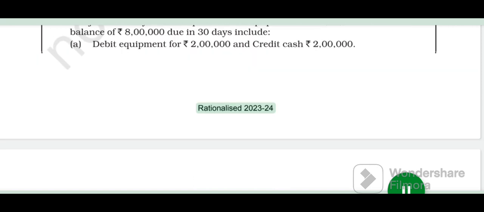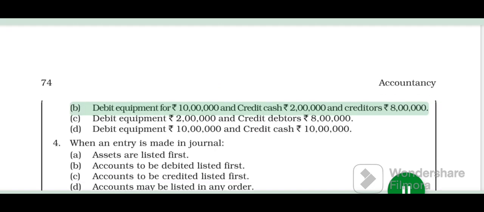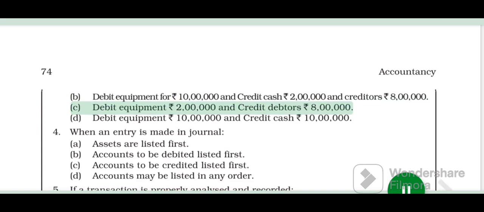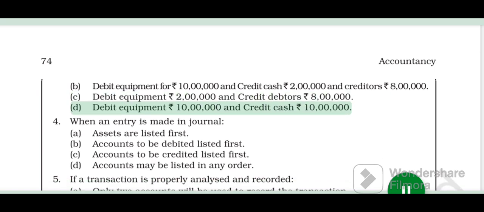B. Debit equipment for 1 million and credit cash 200,000 and creditors 800,000. C. Debit equipment 200,000 and credit debtors 800,000. D. Debit equipment 1 million and credit cash 1 million.